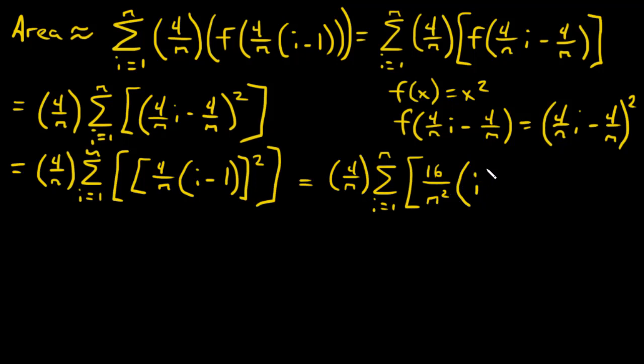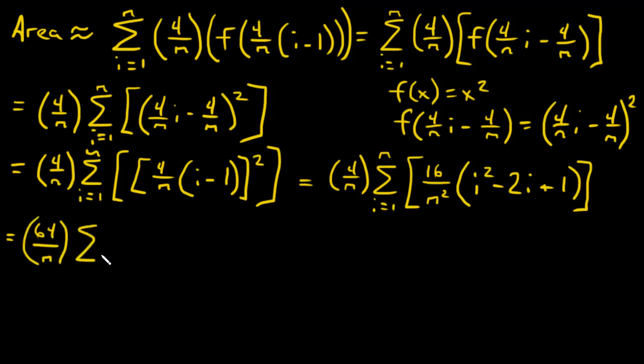Well, that's just I squared minus 2I plus 1. See how much easier it is taking this common factor out? Way, way easier. So now this 16 over n squared is a constant, so I can take it out as well. So this is going to equal 64 over n times the summation of I squared minus 2I plus 1.